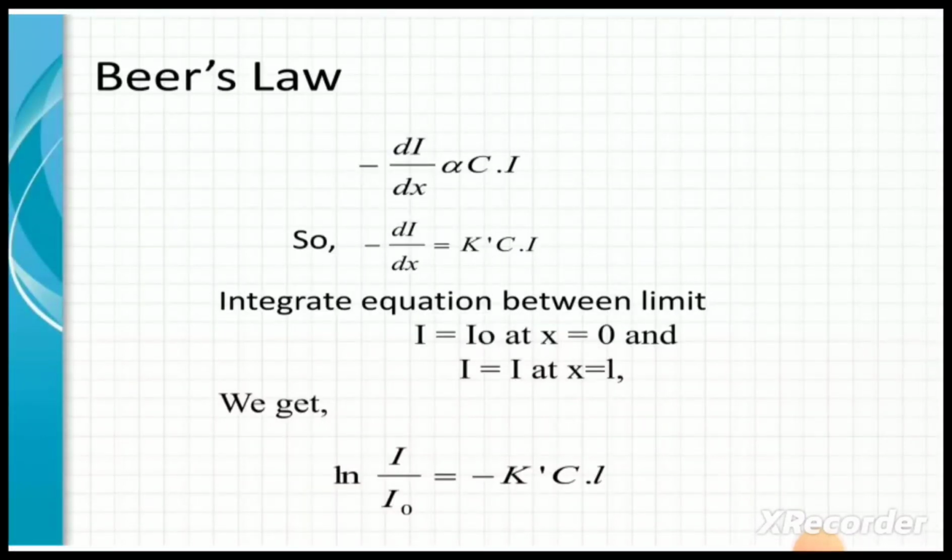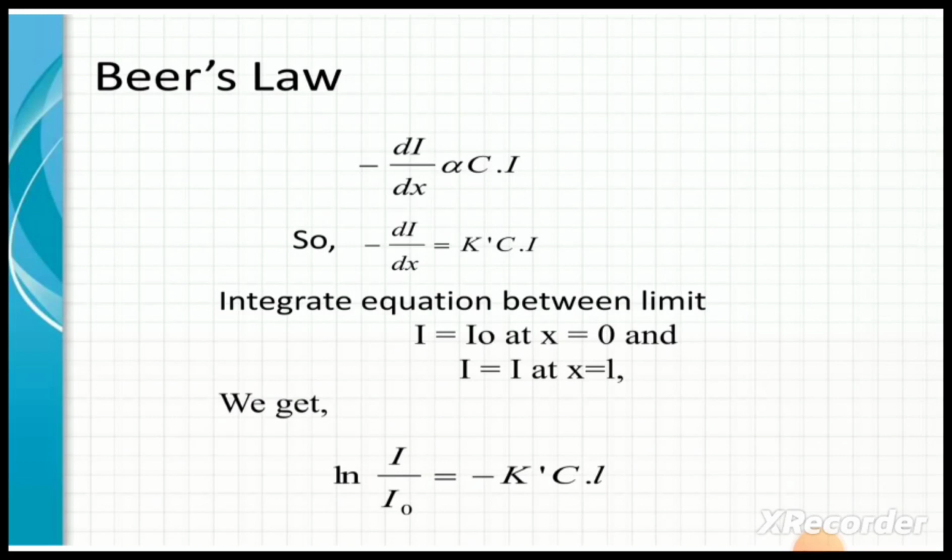Then minus dI upon dx is directly proportional to c into I. So minus dI upon dx equals k into c into I, where k is the constant.